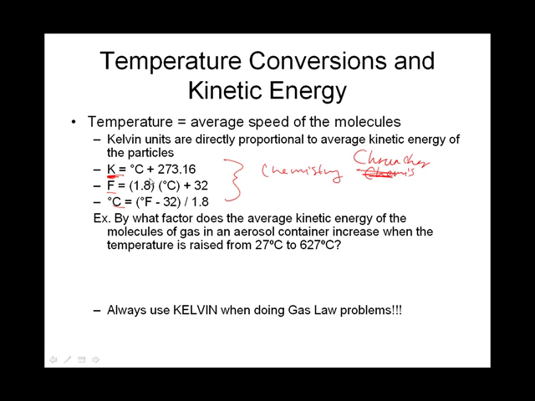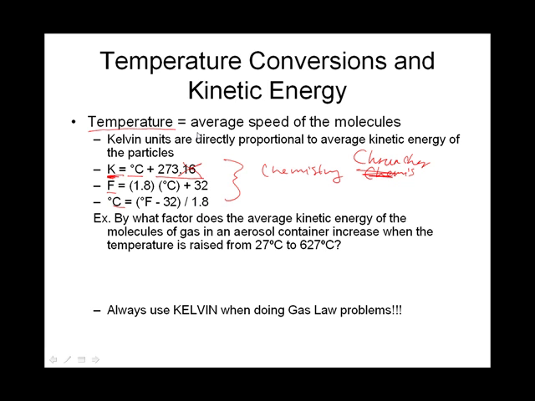Kelvin scale temperature is equal to the Celsius plus 273.6, but I'd be happy if you just use 273 for simplicity's sake. Fahrenheit and Celsius, please know these formulas, or please know where they are in your chemistry cruncher.